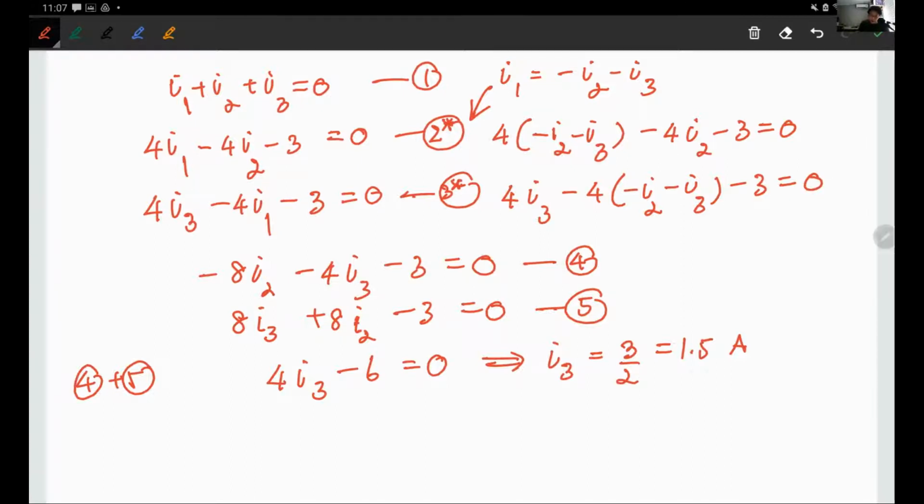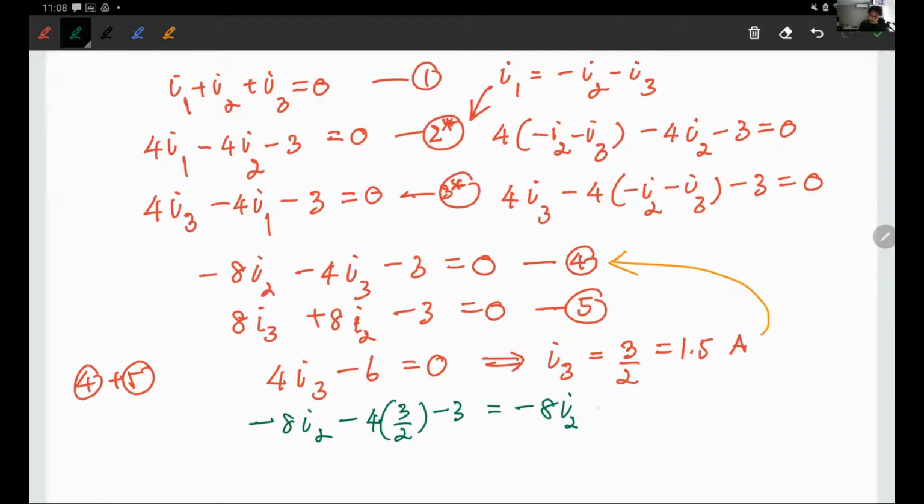Once I found out what I3 is, I can substitute back and figure out what I2 should be. So I can substitute this back in here. That allows me to say negative 8I2 minus 4 times 3/2 minus 3 is equal to negative I2 minus 6. Not too bad, I guess.